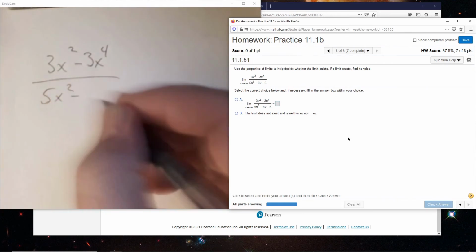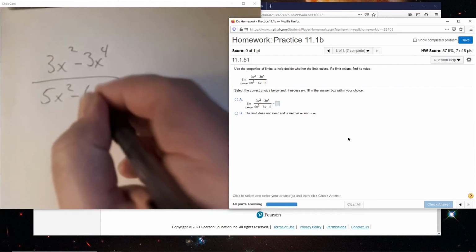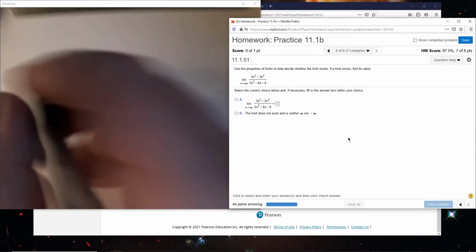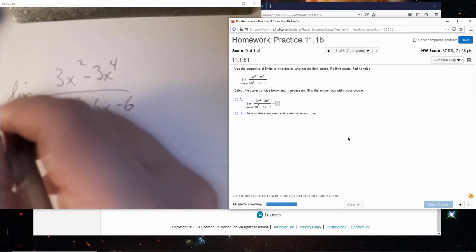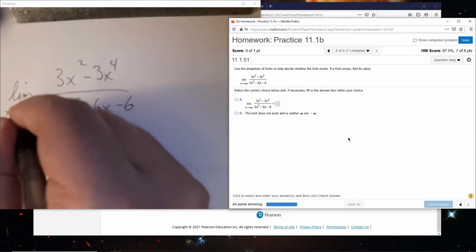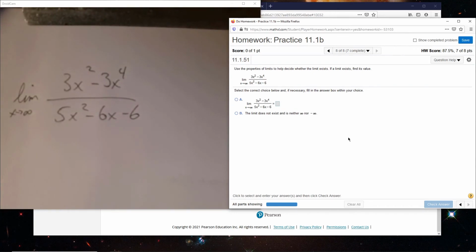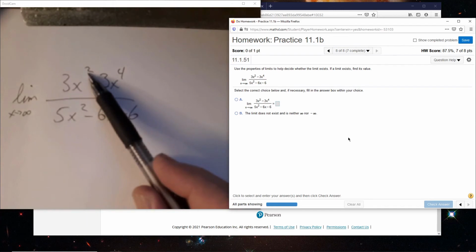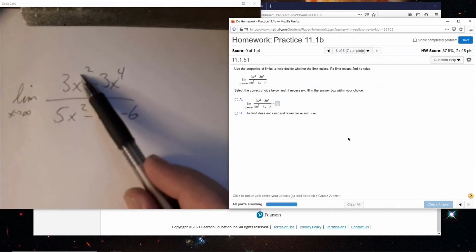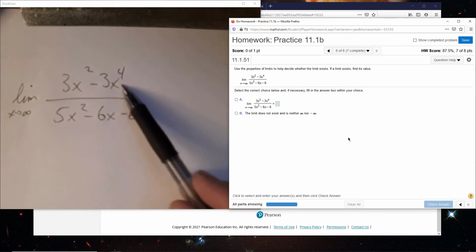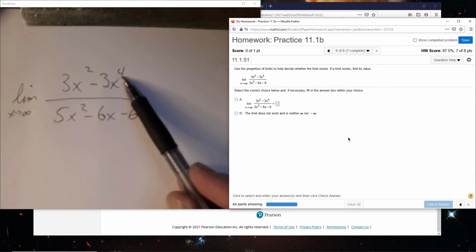MyMathLab being a little bit tricky in this one. So, what's a little bit tricky? Because normally we write polynomials in descending order. So when I wrote 3x squared, I just automatically assumed the next one would be lower, but it's not. They're actually writing this as to the 4th, and there's nothing wrong with that.